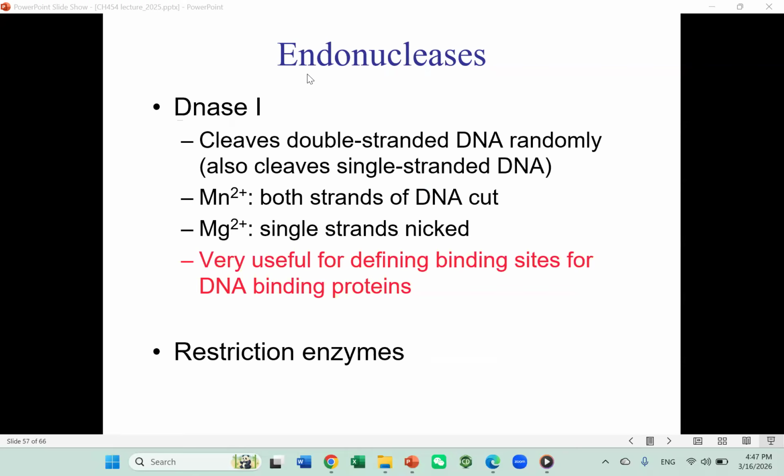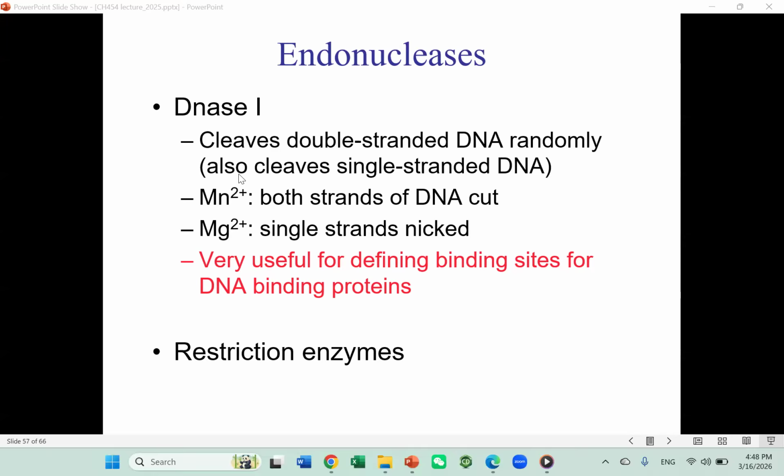Right, and then the third type is actually endonuclease. I give you two examples. One is DNase I. DNase I cleaves double strand DNA randomly, and it depends on what kind of salt. If you use manganese, you cleave the double strand, but if you use magnesium, it only cleaves the single strand.